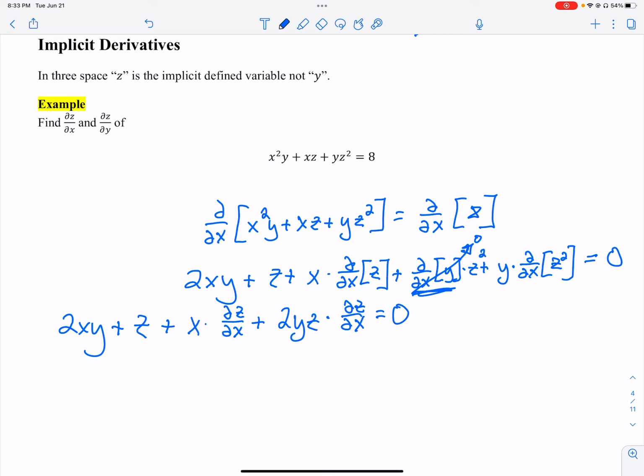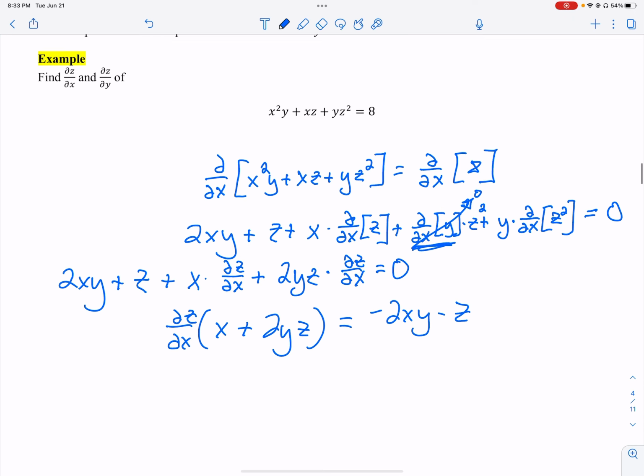Right, so now I'm going to get to z, the partial of z with respect to x, by getting it all on the same side. So we have the partial of z with respect to x times we have an x term and a 2yz term. I'm also going to move those other terms over. So we got 2xy minus z.